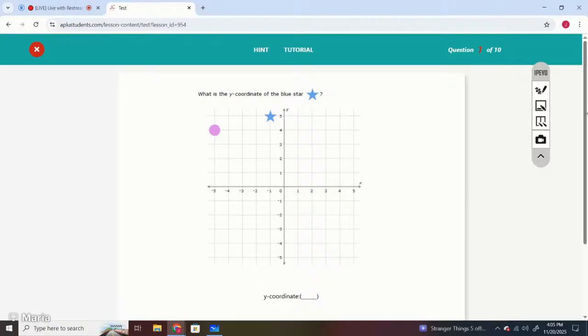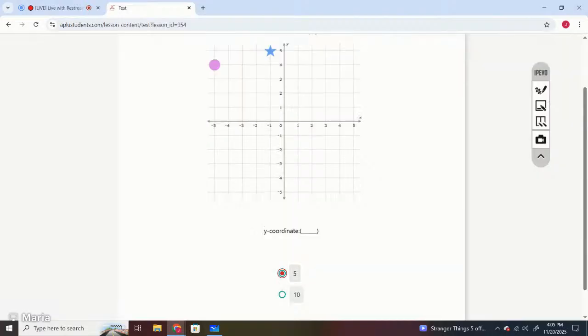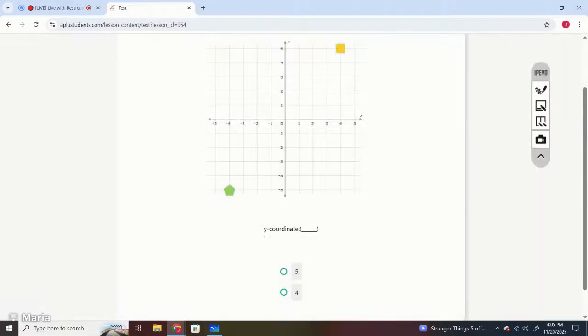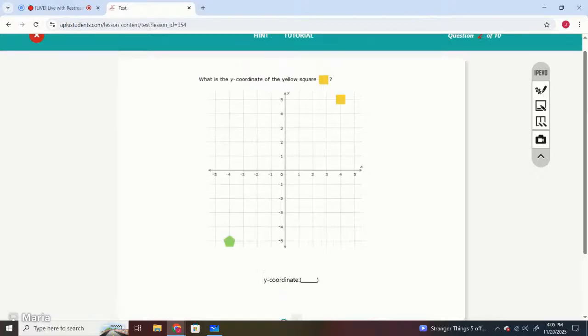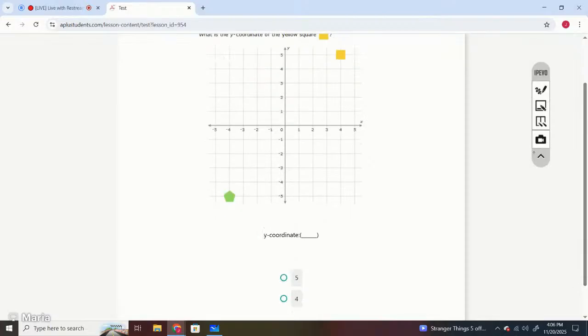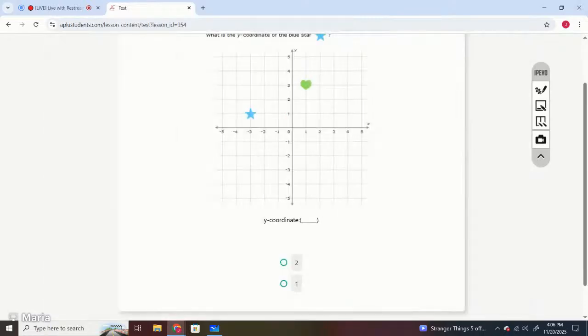The coordinate of the blue star is just matched to the y-axis. It is 5. Option number 1 is the correct option. What is the y coordinate of the yellow square? The y coordinate of the yellow square is 5. Option number 1 is the correct option.